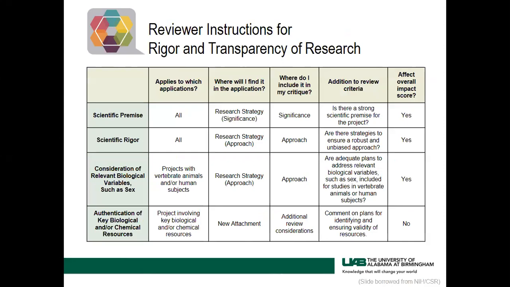Every NIH application has to talk about scientific premise, scientific rigor. It has to be in the research strategy section. It should be in the significance. The significance is where you are building your argument. It's right after your specific aims page. They're expecting to see scientific premise. In the approach section, we need to come back and talk about statistical.